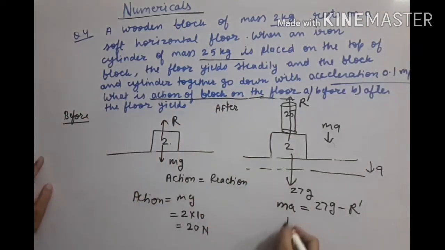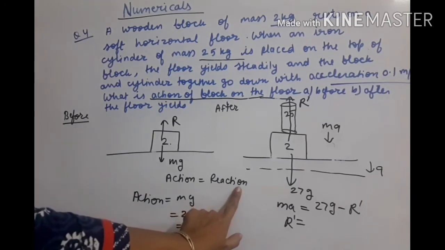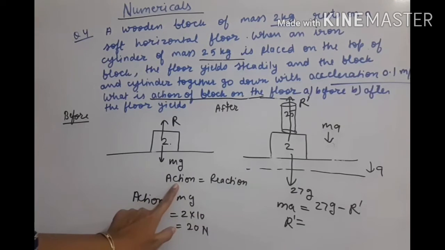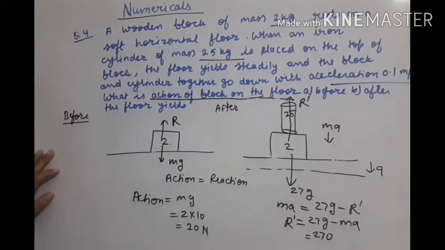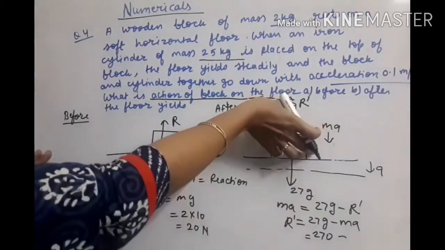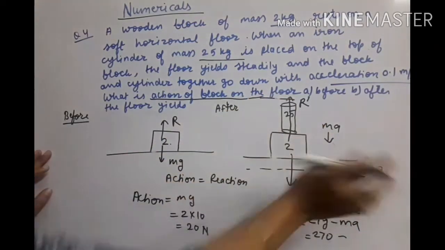Now R dash, the reaction, is our need, because by solving the reaction only we can get the action force. So what is the reaction's answer? R dash is shifted here, becoming plus, and MA is shifted there, becoming minus. So 27g means 270 minus MA. Now this MA: the total system is moving down with some acceleration.